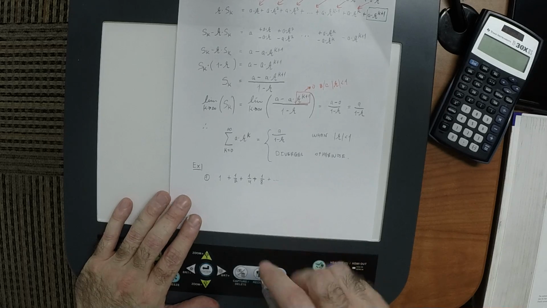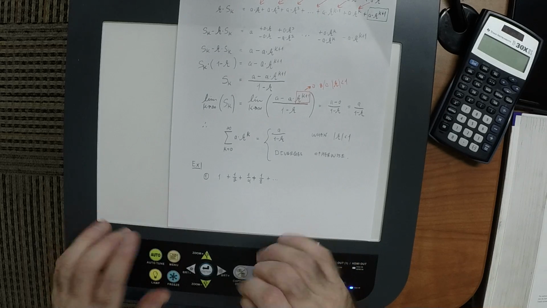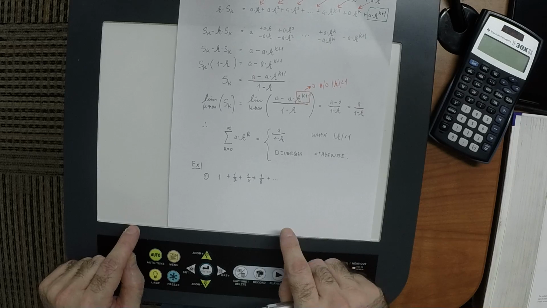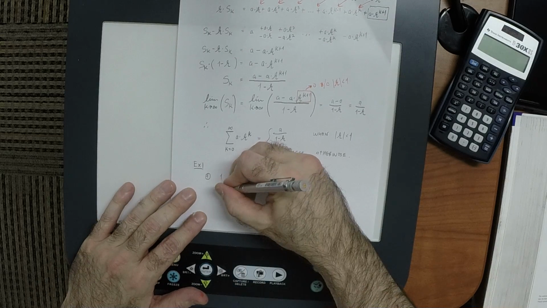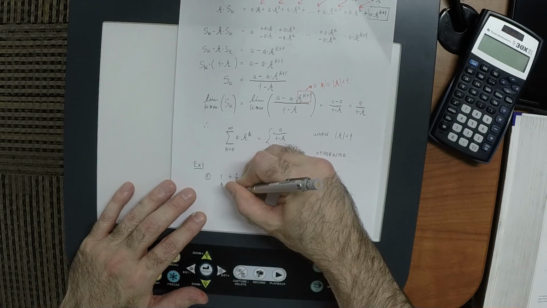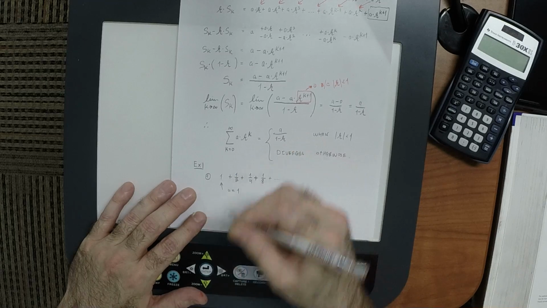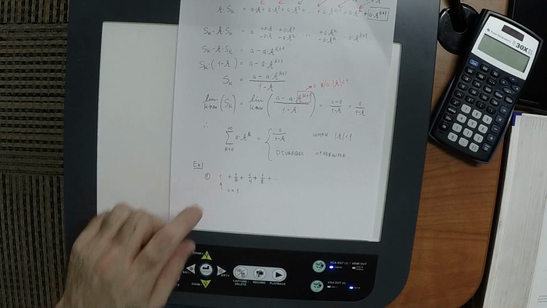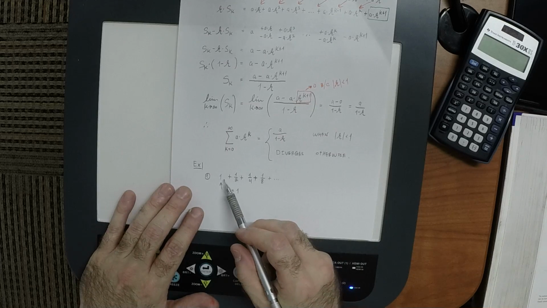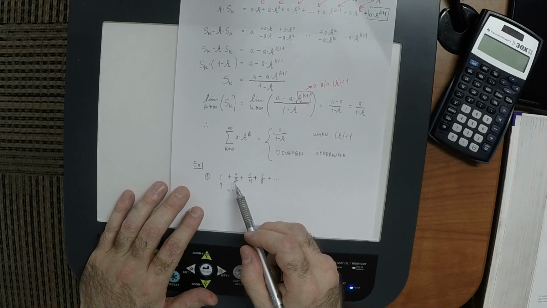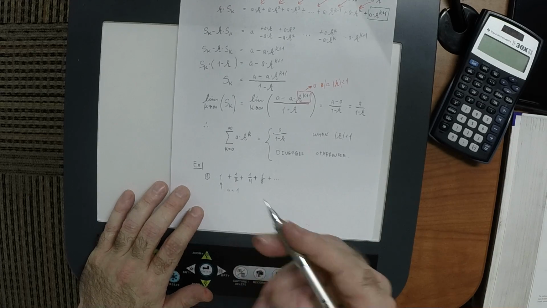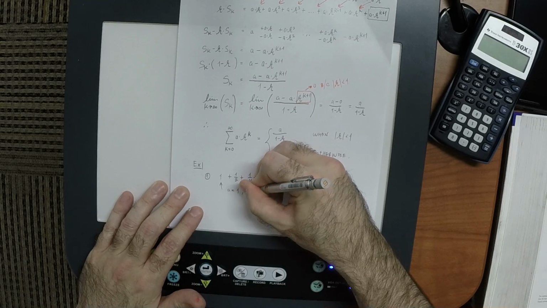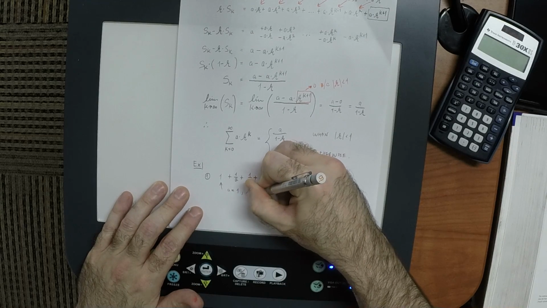So what's the first term in the sequence? 1. So a is 1, because a is that thing there. And then what's the ratio? What does it take to shift one position to the right? What's the multiplier? Half, right? So we're saying r is half.